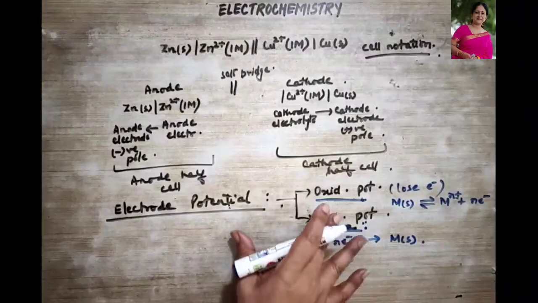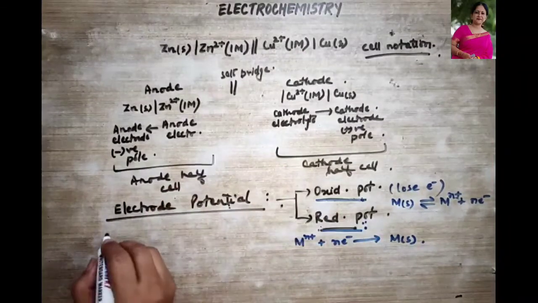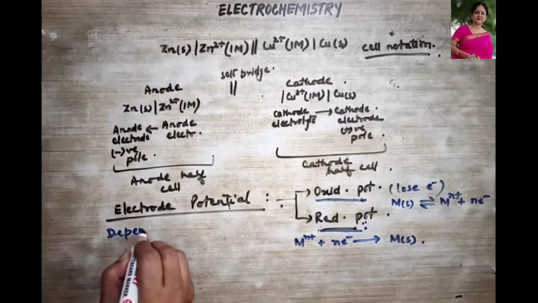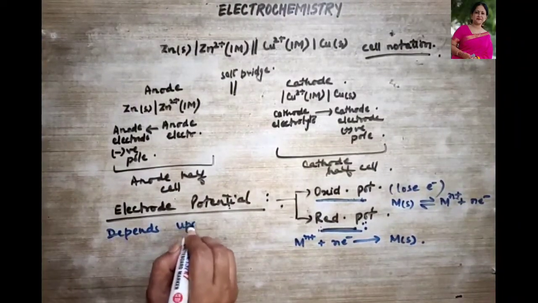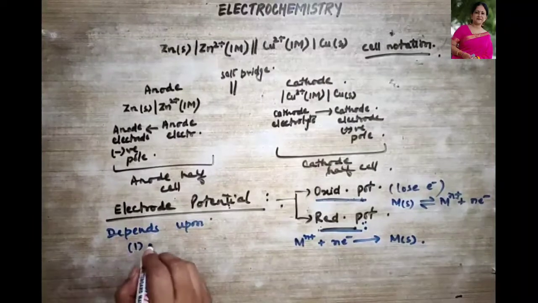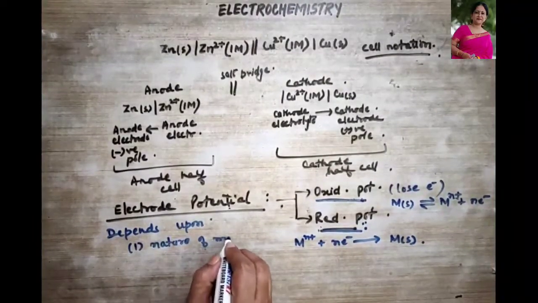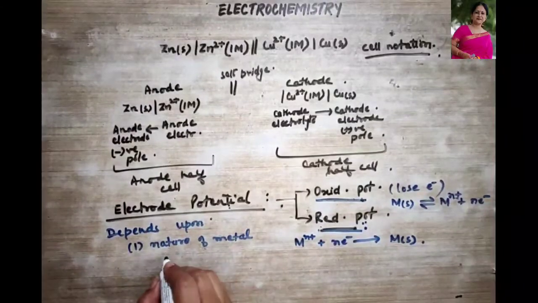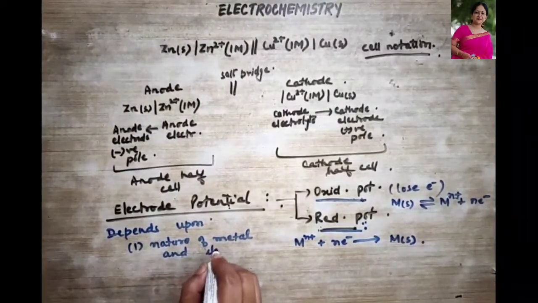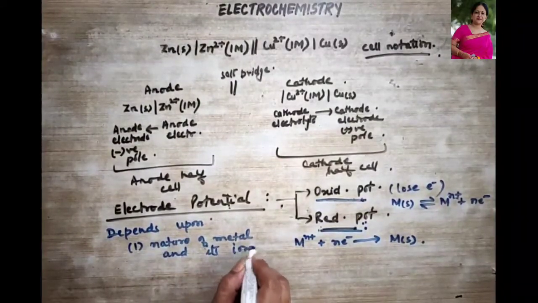So the electrode potential actually depends upon, number one, the nature of the metal and its ions, right?